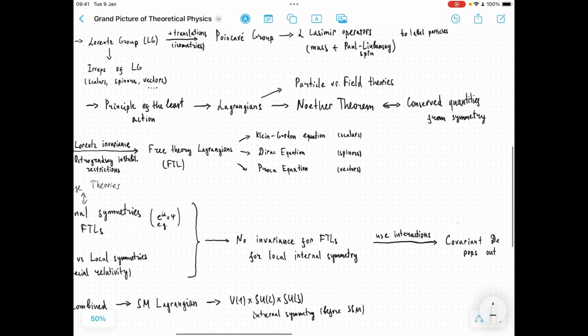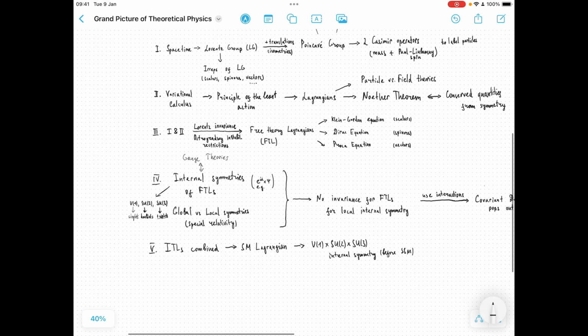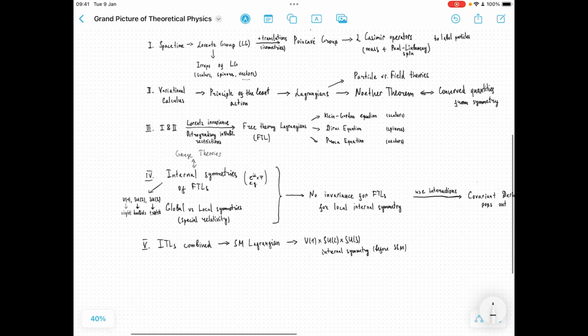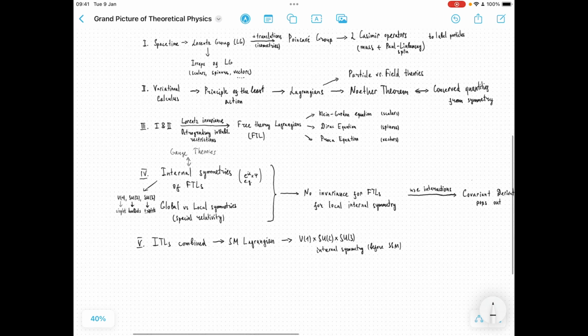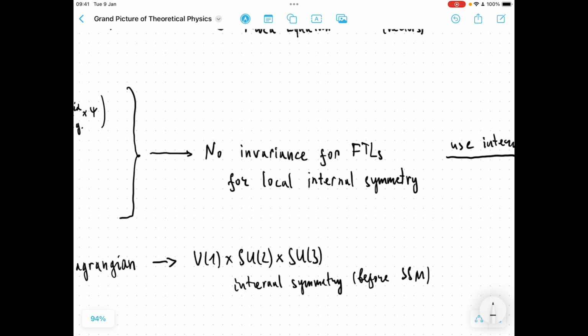After paying attention to the internal symmetries, we will find out that there is no invariance for the local internal symmetries. So we have global symmetries for the free theories, but there is no invariance of free Lagrangians under local gauge symmetries.